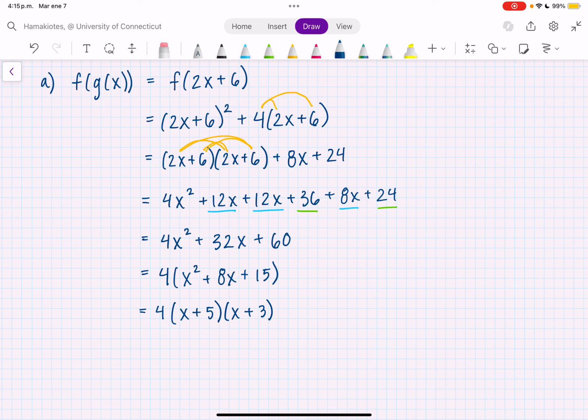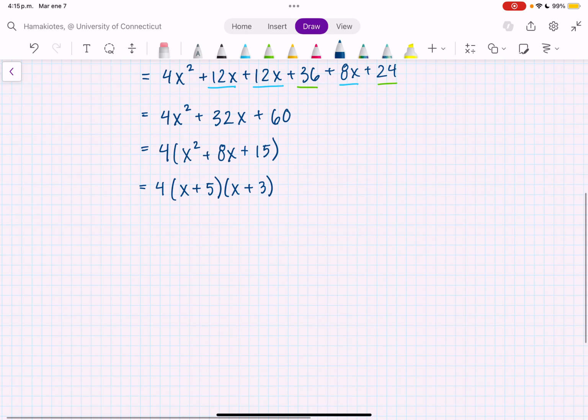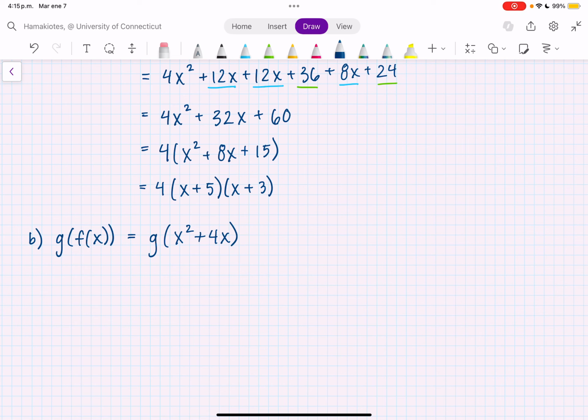Now, let's do the opposite. Let's try g of f of x. So, g of f of x. So, f of x is x squared plus 4x. So we want to do g of (x squared plus 4x).